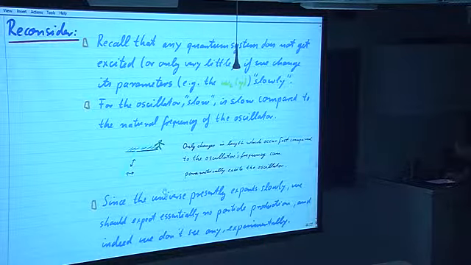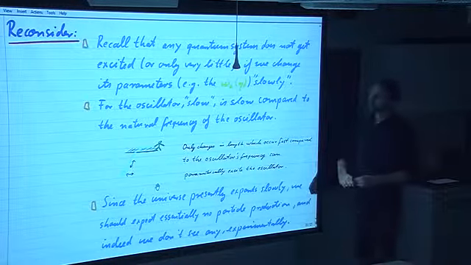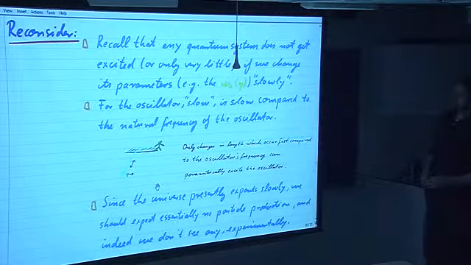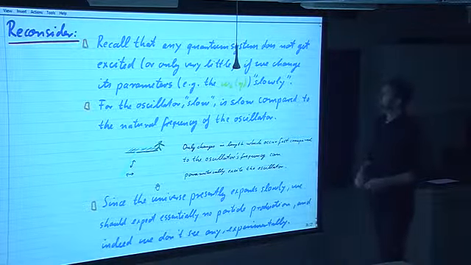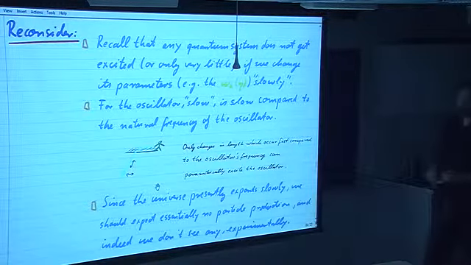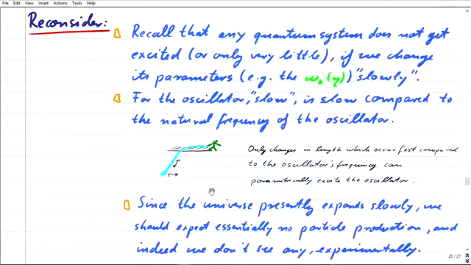That will be the adiabatic vacuum definition, or adiabatic vacuum identification criterion. To that end, let us remember that any quantum system does not get excited, or only negligibly, if we change its parameters slowly.